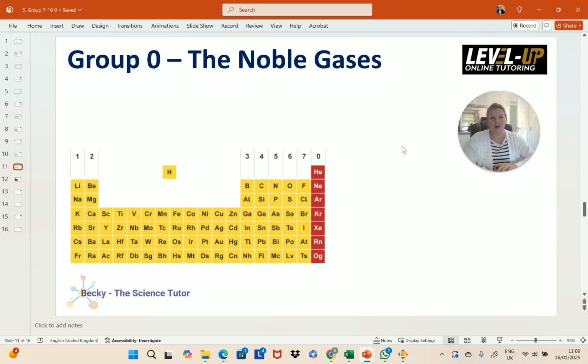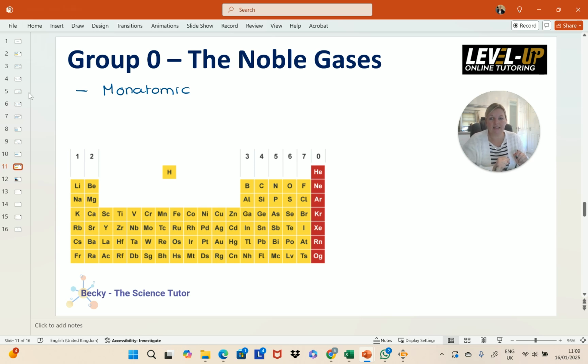Okay then, let's have a look at the final group then. So the group 0, the noble gases. Okay, so group 0, obviously we can see they're all gases, they're called the noble gases. These exist monatomic, and monatomic meaning mono, one atom, so they all exist singularly.